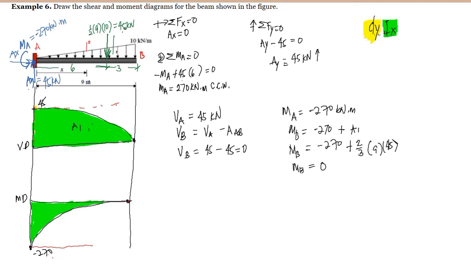Now, for the degree of the curve, we have here degree 1 since this is a line, and after integration n plus 1, so we have here degree 2 curve, and of course we have here degree 3 curve. And this is our shear and moment diagram for the shown beam using the area method.